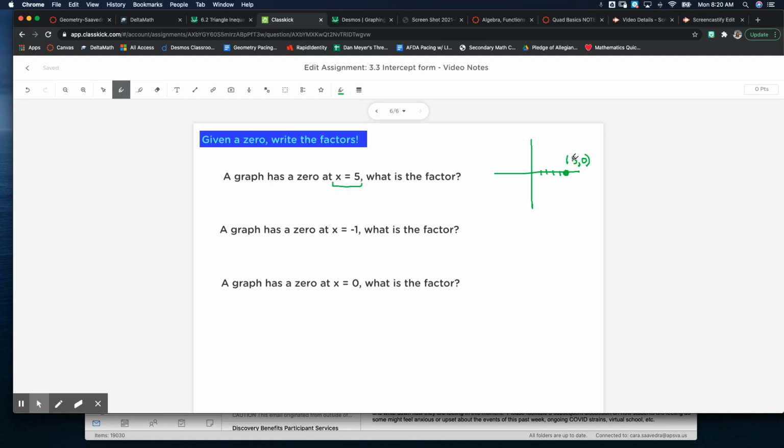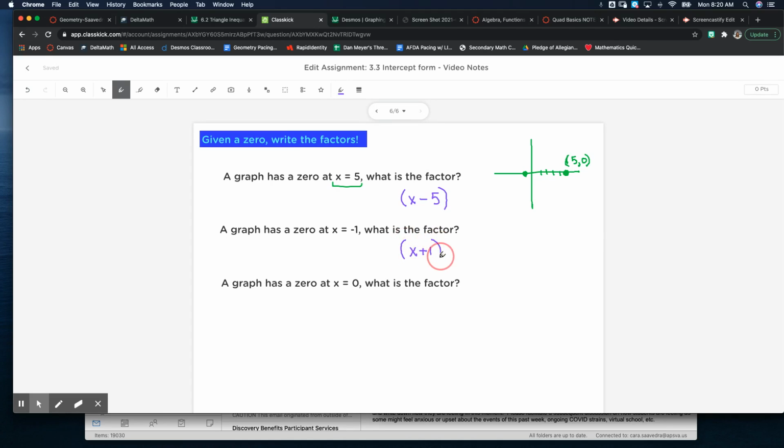It might also say that this was a root at 5, or it could say solution at 5. The factor then is going to have to be x minus 5. Likewise, if I told you that a solution is at -1, my factor is going to be x plus 1.